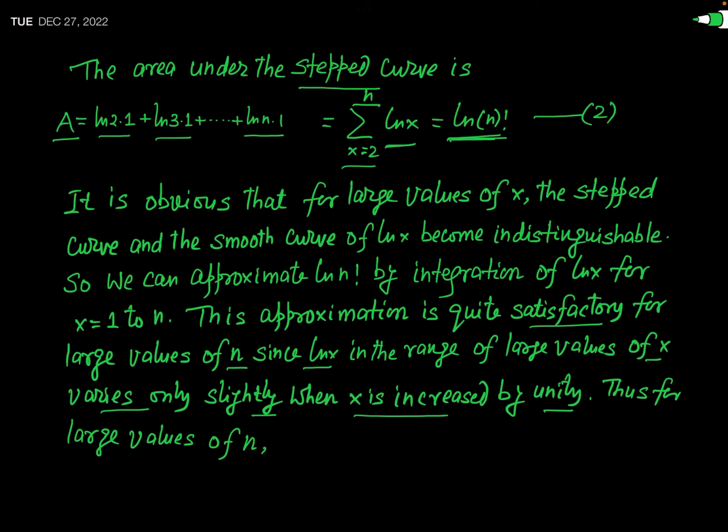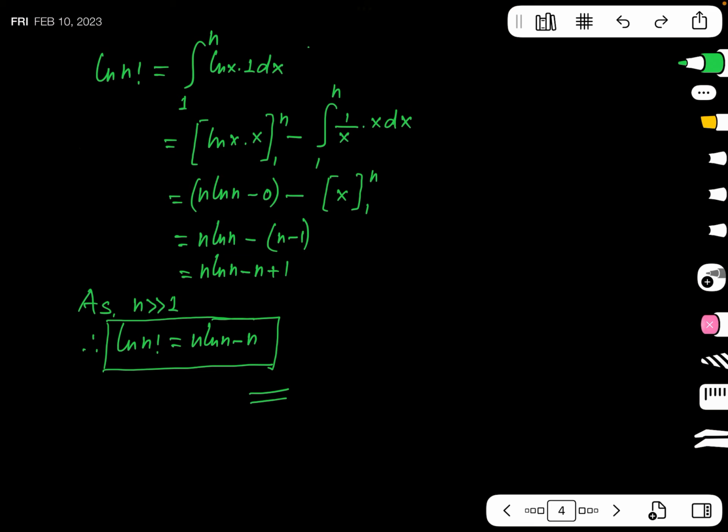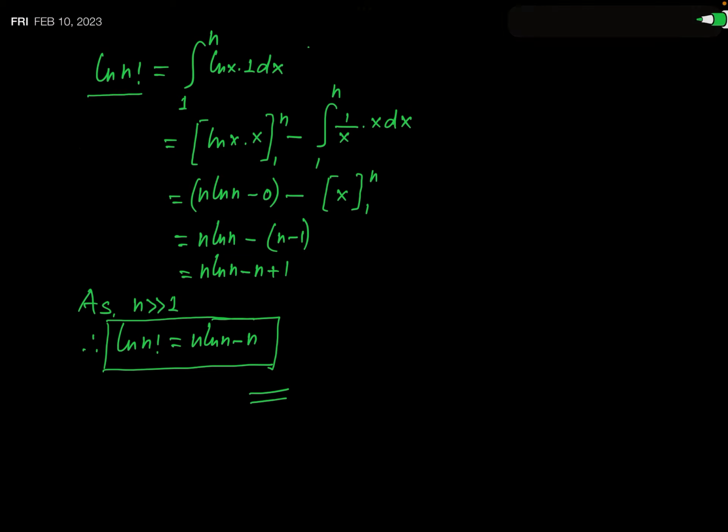That will be the integral of log x with respect to x from x equal to 1 to n. So you can see I have written it here that ln n factorial is equal to the integral from 1 to n of log x dx.